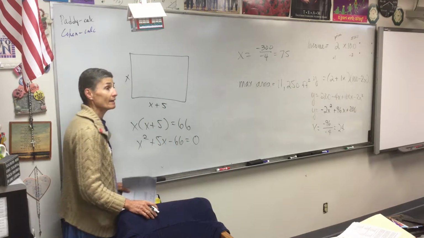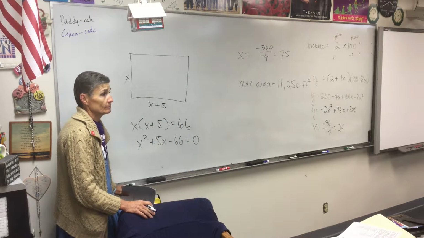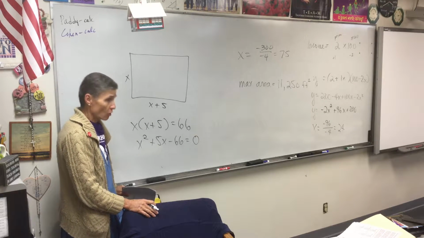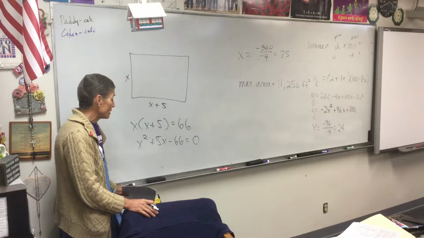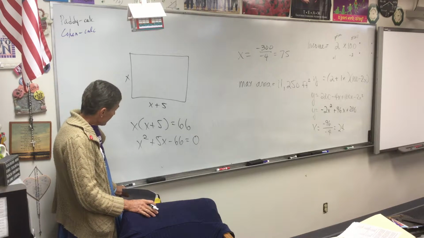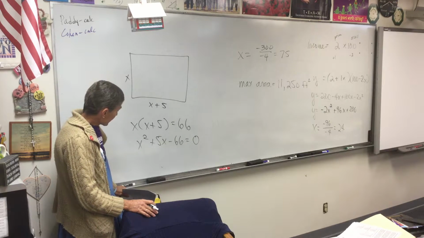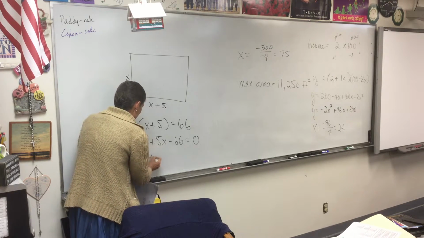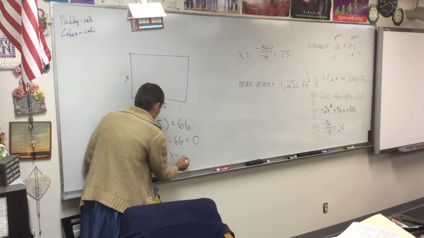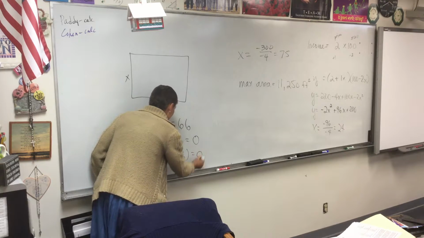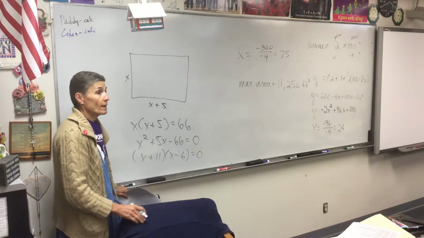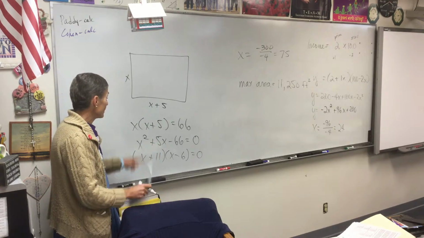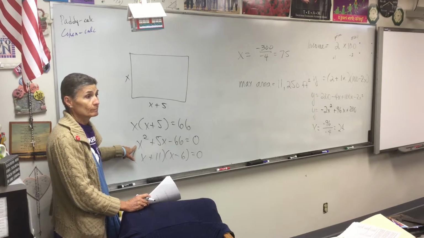It's a quadratic equation. I'm not finding a vertex. I'm solving this equation. What is going to work? Does that by any chance factor? Yes. x plus 11, x minus 6. Remember, as always, if you don't see how it factors or you don't want to factor it, what else could you do?